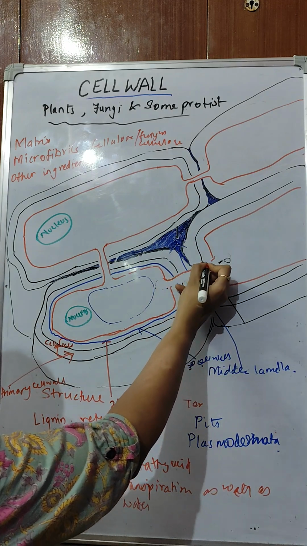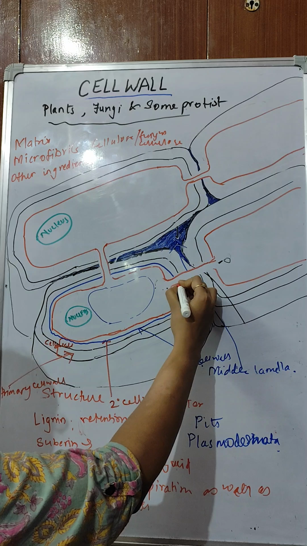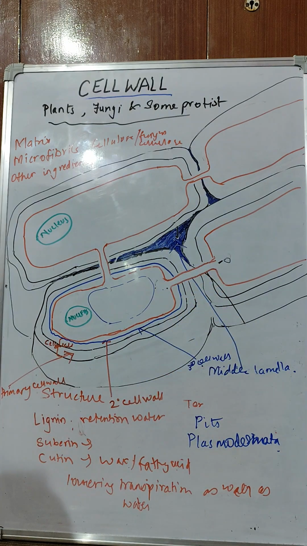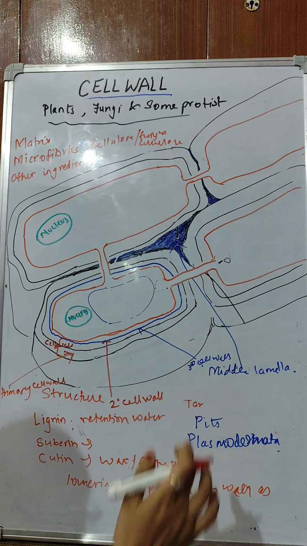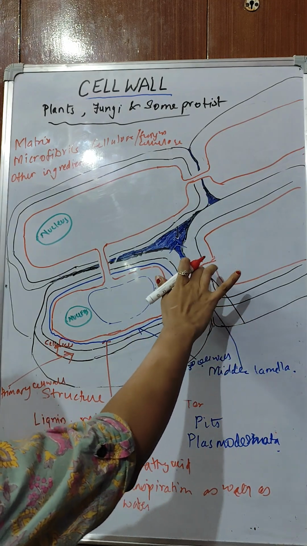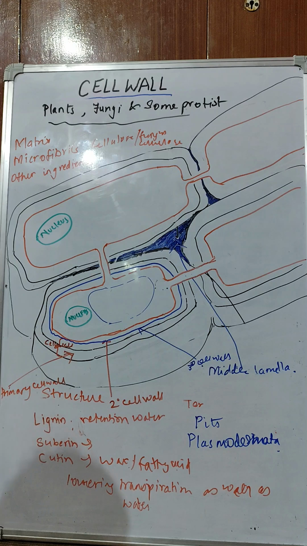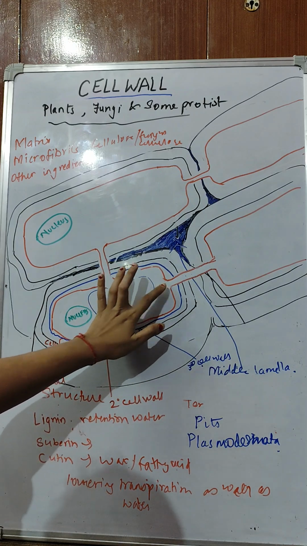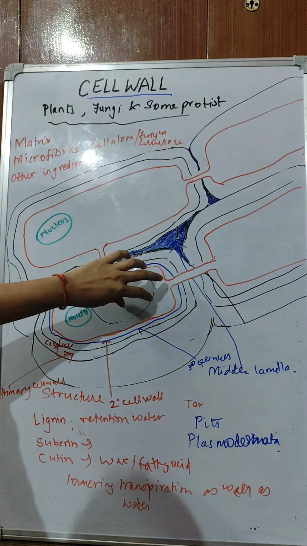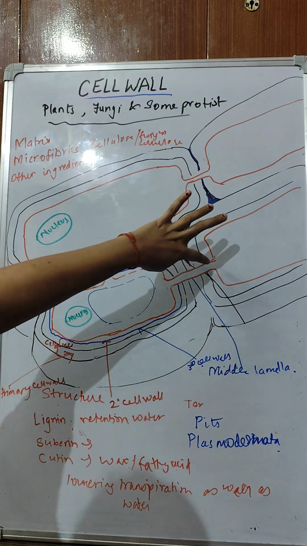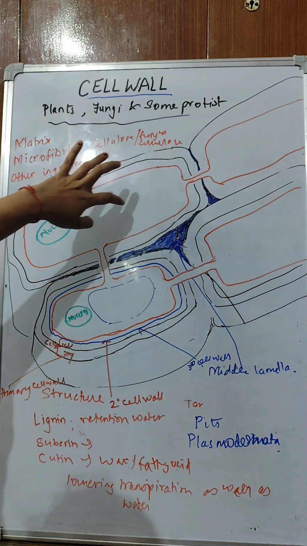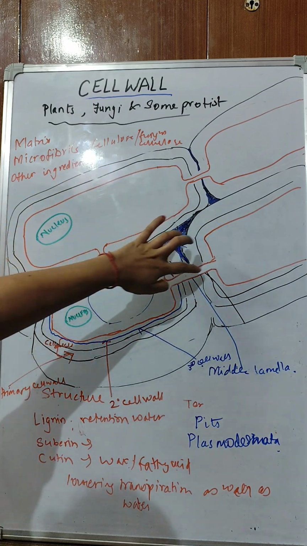It allows the movement of signals and different molecules between two adjacent cells. This is a gap, a space, through which the two protoplasts are connected. So you can see all the cells are connected with each other through plasmodesmata.